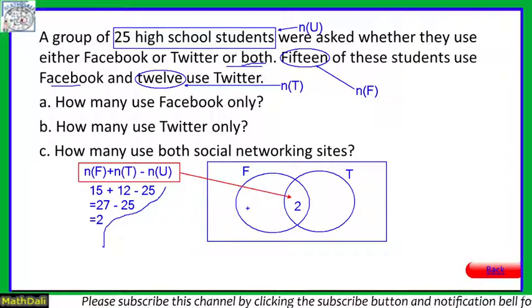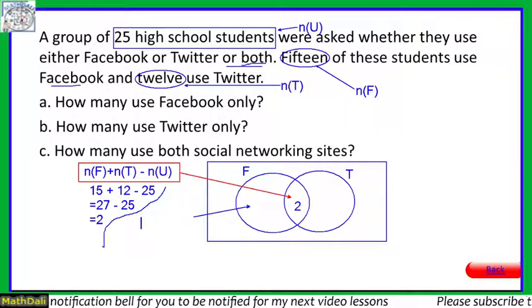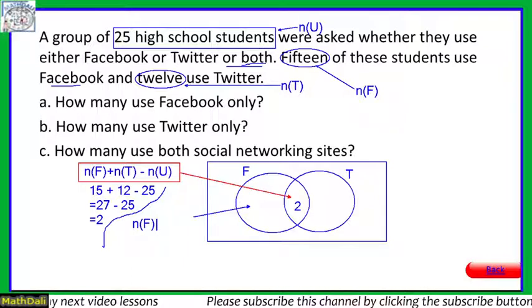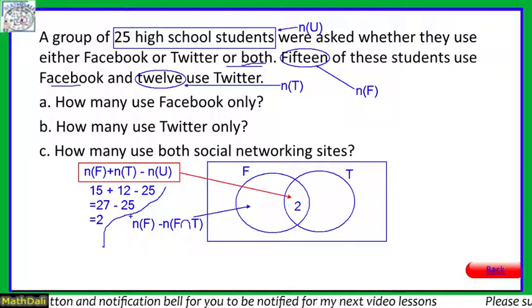So, para dito sa region na to, we have the cardinal number of set F minus the cardinal number ng ating intersection, yung ating set F intersection with set T, ating Twitter. Yan yung ating magsisilbing formula para dito sa Facebook only.